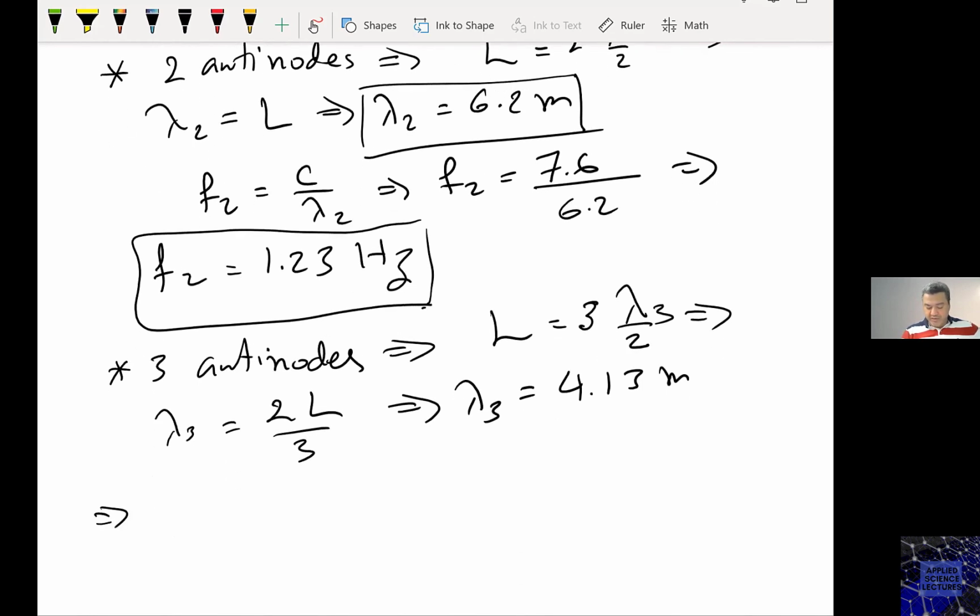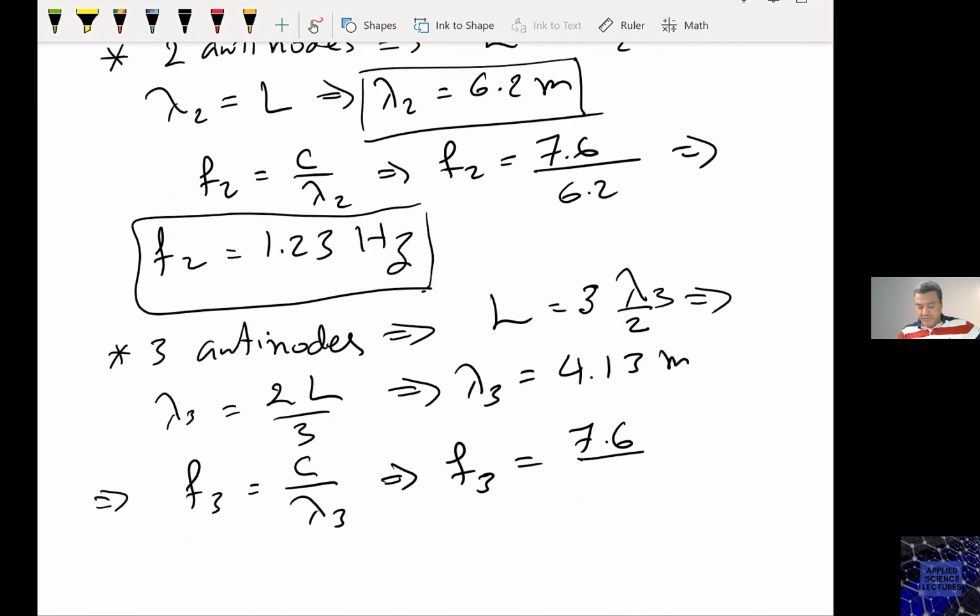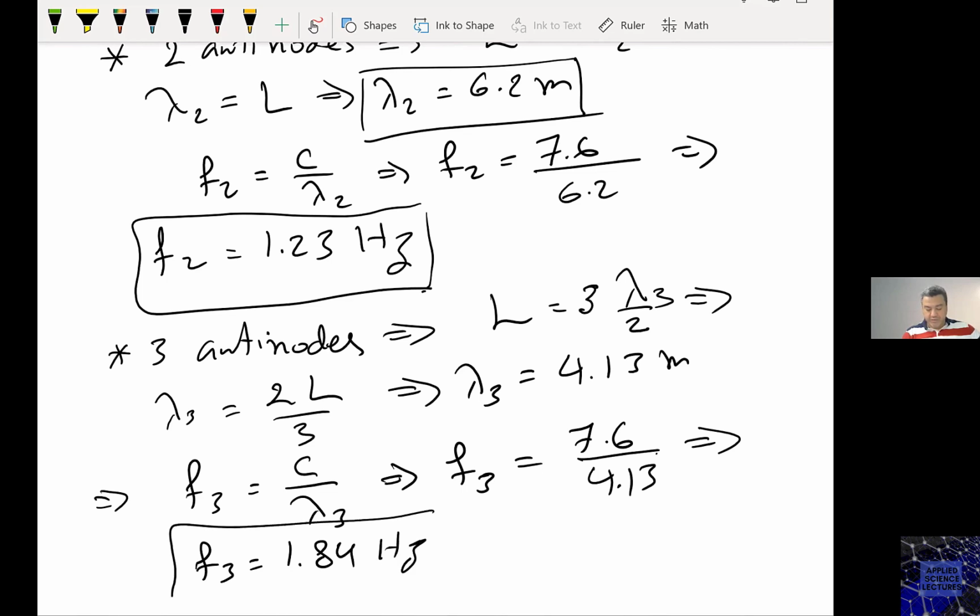In this case, F3 is c over lambda 3. F3 equals 7.6 divided by 4.13, and F3 equals 1.84 hertz.